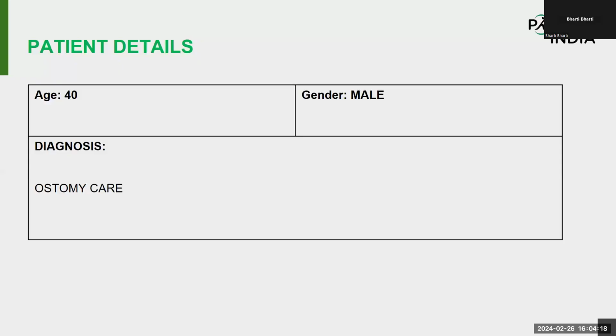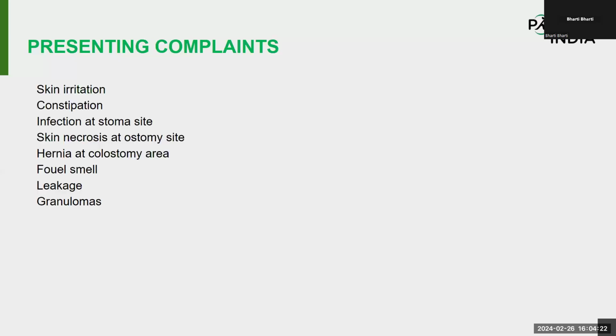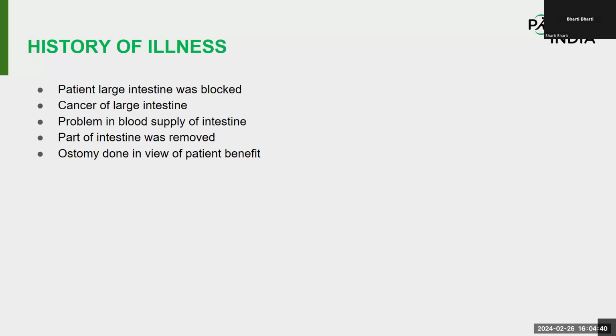Patient details: 40 years, male, diagnosed with colostomy. Presenting complaints: skin irritation, constipation, infection at stoma site, skin necrosis at ostomy site, hernia at colostomy area, foul smell, leakage, and granulomas. History of illness: patient's large intestine was blocked due to cancer of the large intestine, with problem in blood supply of the intestine.